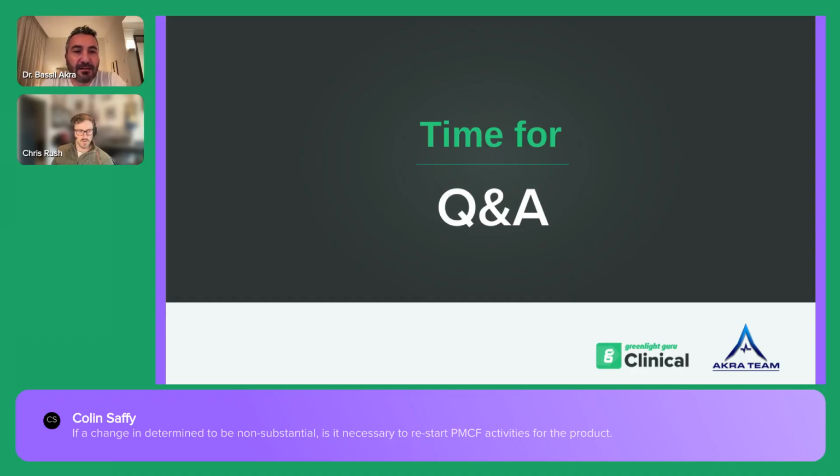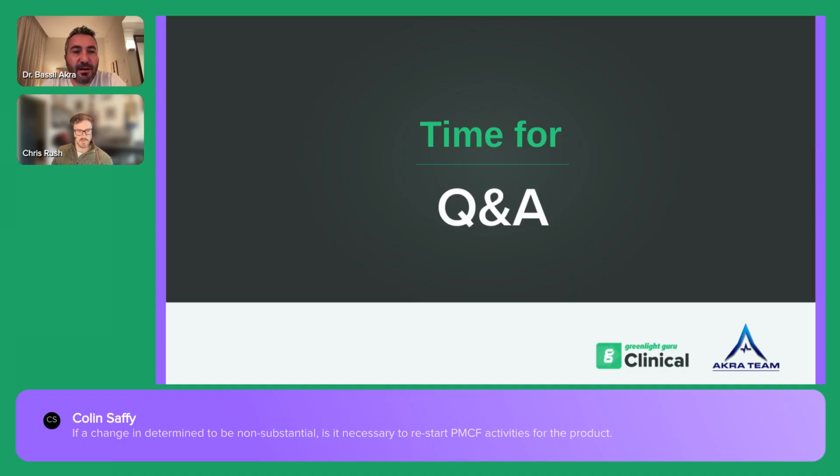But if that non-substantial justification might have an impact on the long-term data, or the unknown data, you better consider this. But you don't need to repeat PMCF every time. PMCF might be repeated in case a change to the design is introduced, or a change to the material, or a change to the indication, or to the intended patient population.